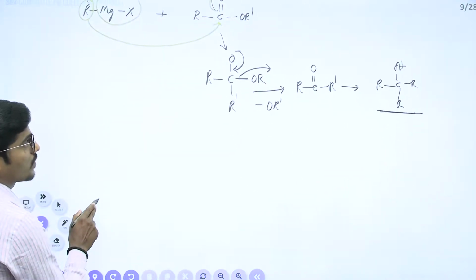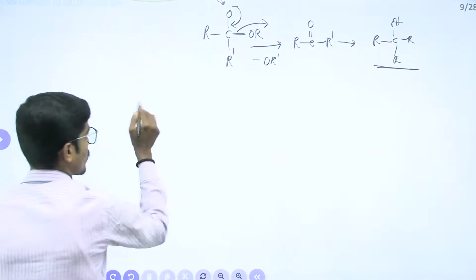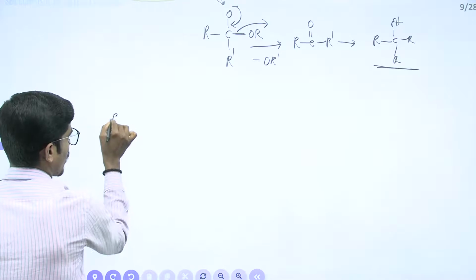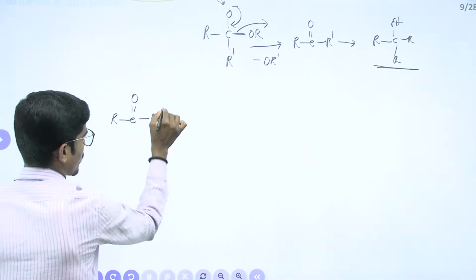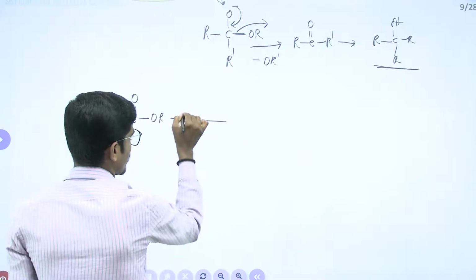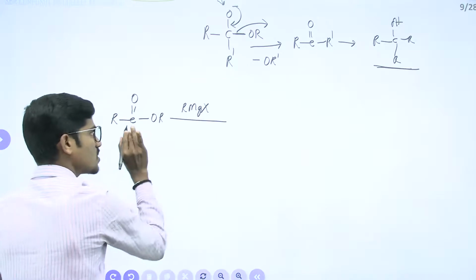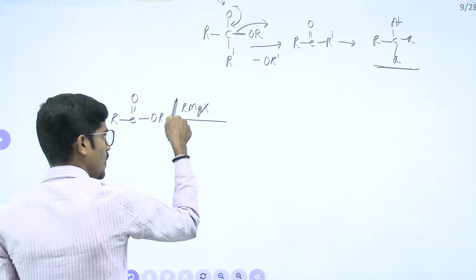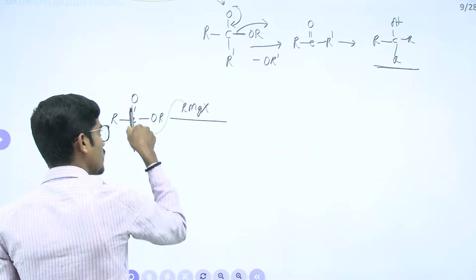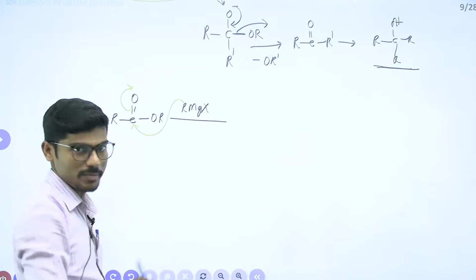Look at this, how we can represent this reaction. First I have taken an ester, RCOOR, in the presence of a Grignard reagent, RMgX. First this is converted into a ketone, because when the R group attacks here, the minus charge comes on oxygen. When it comes back, the OR group will be eliminated.